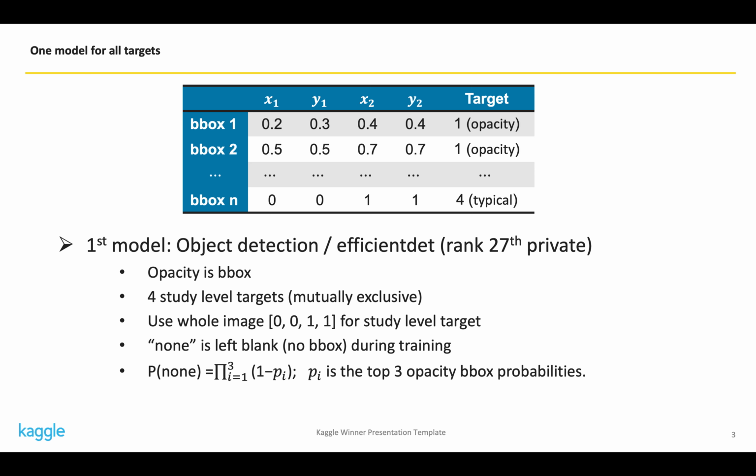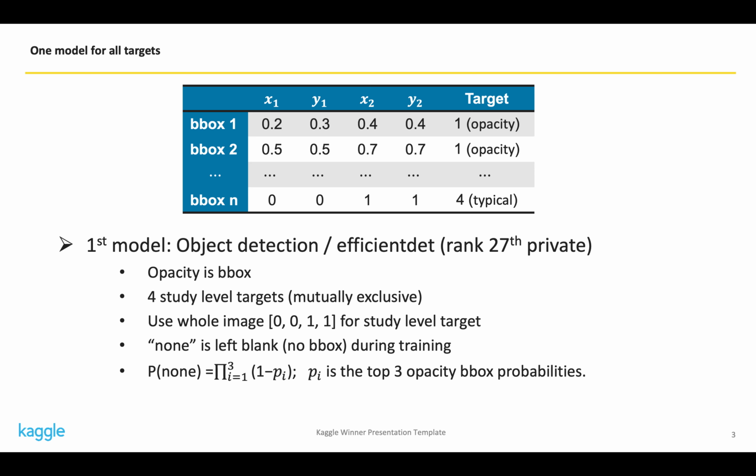For the first model, I tried to use a single model to predict all the 6 targets. Since we have a bounding box target, which is the opacity, it is natural to use an object detection model.